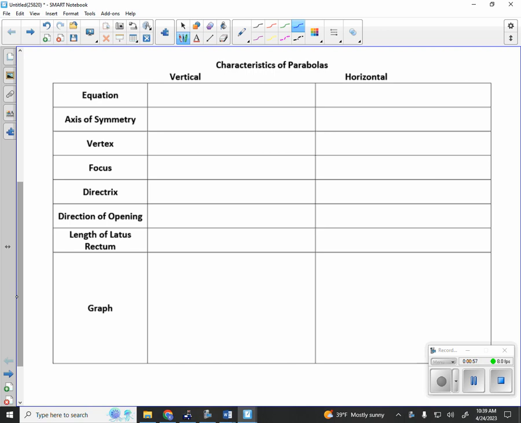So a horizontal parabola has the equation x = a(y - k)² + h. That is different from your y = a(x - h)² + k.